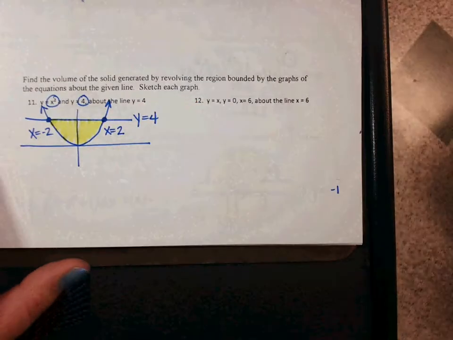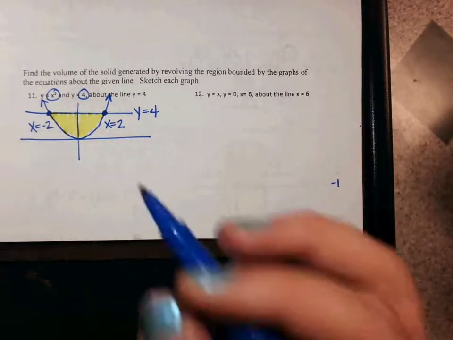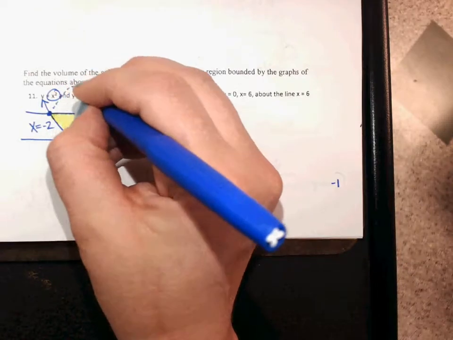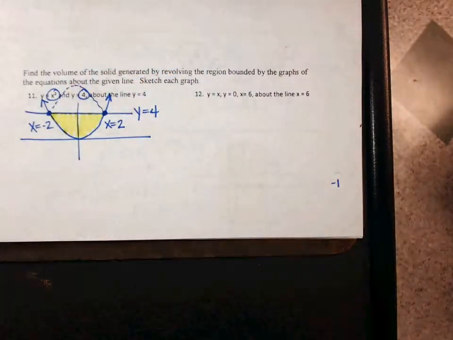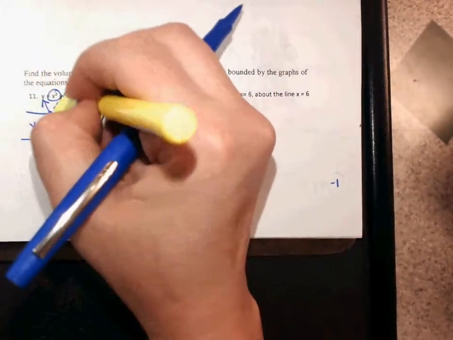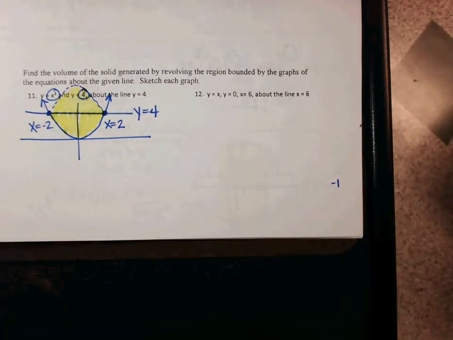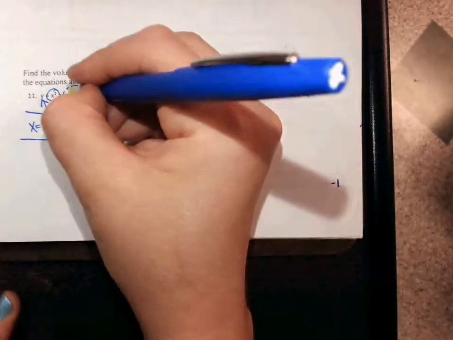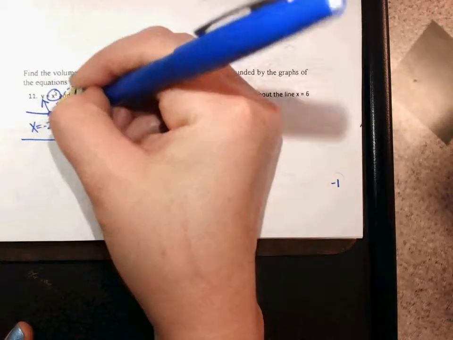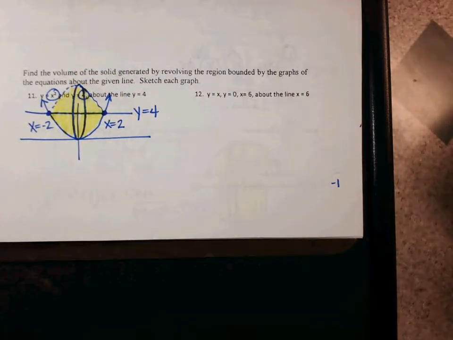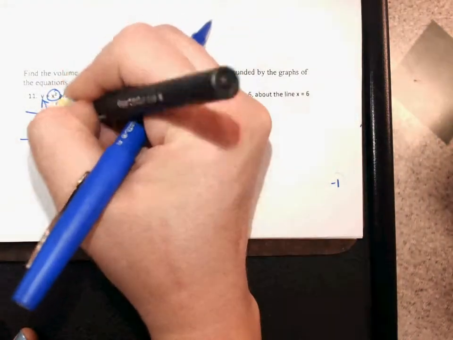And then when I spin that around the x-axis, my other side would be here, and you would have your little solid like that. Now, when I draw in my radius, I'm going to draw my circle here, and then I want to draw in my radius. I see that it's going to be top minus bottom right there.